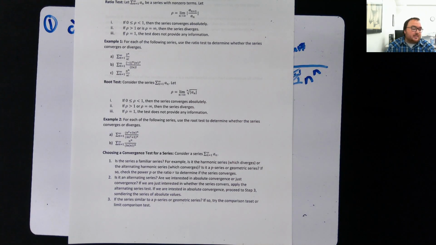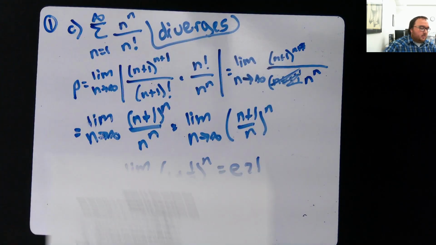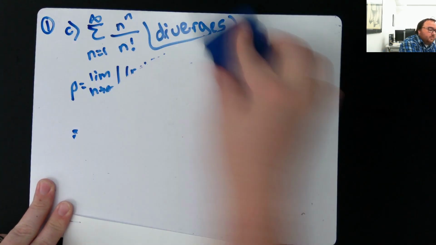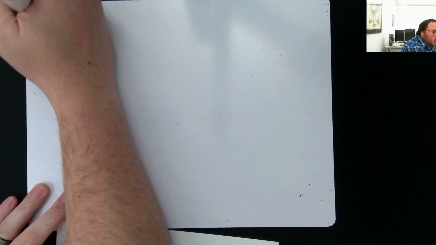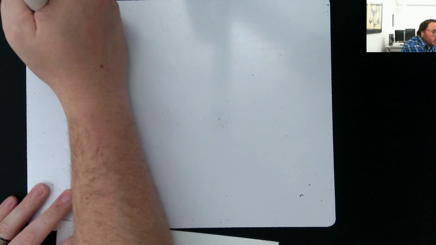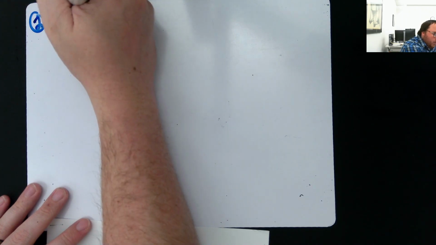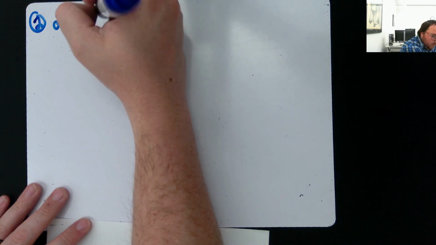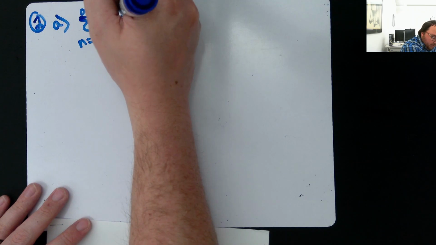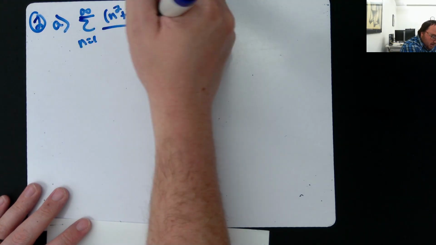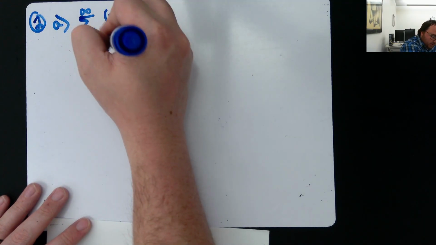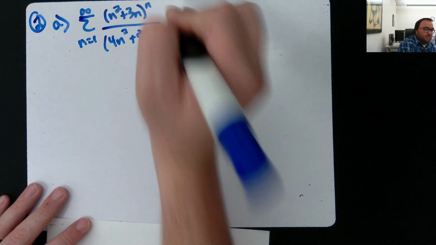So for example number 2, for each of the following series, use the root test to determine whether the series converges or diverges. So for 2a, we have the sum from n equals 1 to infinity of the quantity n squared plus 3n to the power of n over the quantity 4n squared plus 5 to the n.